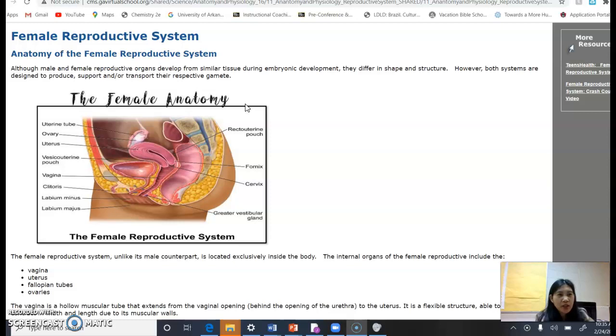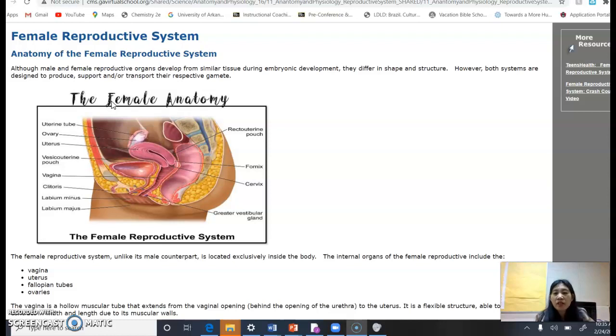So today we're going to talk about the female reproductive system. We have the anatomy of the female reproductive system. As we all know, the female reproductive system has organs located exclusively inside the body.